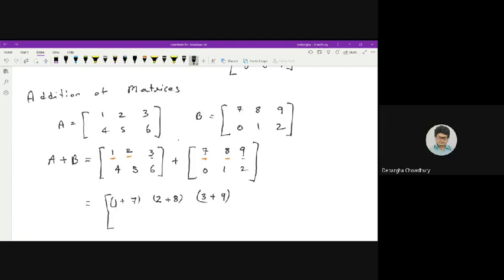So we would add. This is how we add elements of two matrices. So its result is 8, 10, 12, 4, 6, 2. Sorry, I made a silly mistake. It should be 2, not 6.